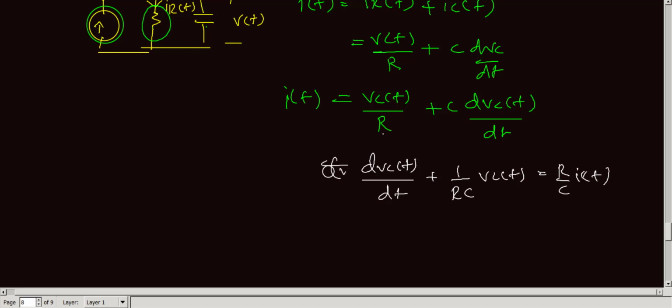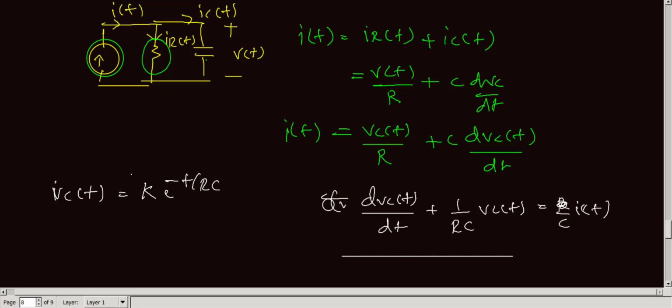If I take C common, 1 by C I of t. So if you find the complementary function, Vc of t equals k into e power minus t by RC. Similarly, for the particular integral, let's find the steady state response.